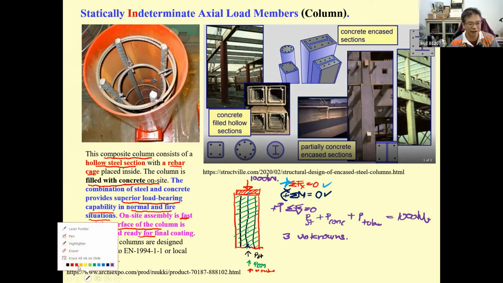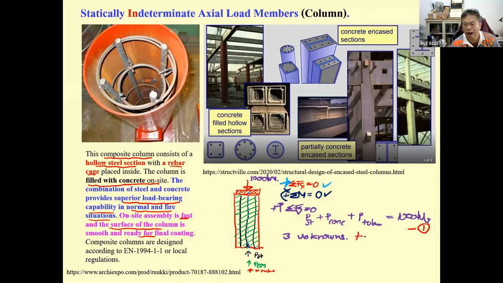Let me say, if you would like to solve these 3 unknowns, you have to have 2 more equations. And what are those equations going to be? They are going to be the compatibility conditions. You have to find 2 more compatibility conditions. Where do the compatibility conditions come from?